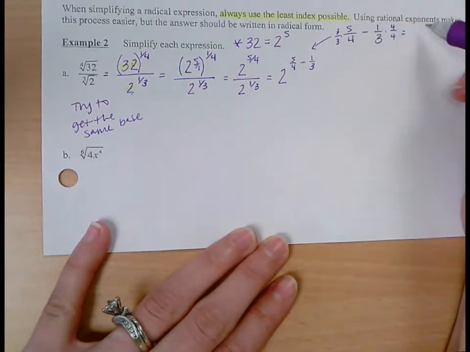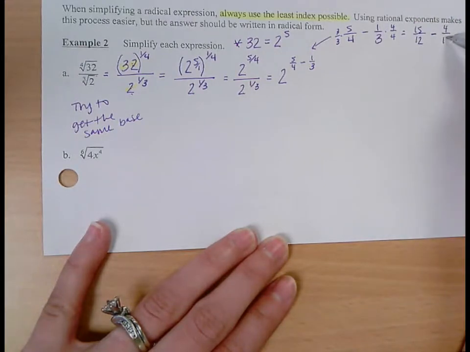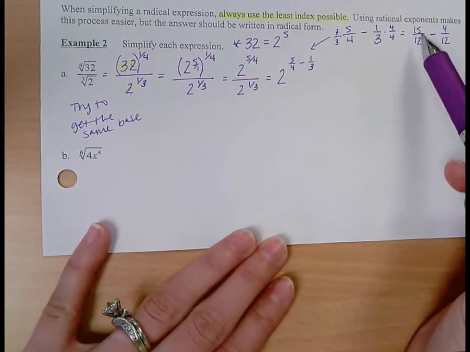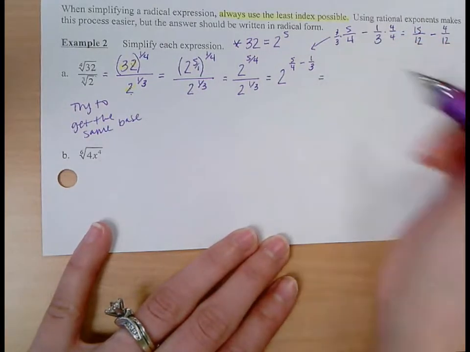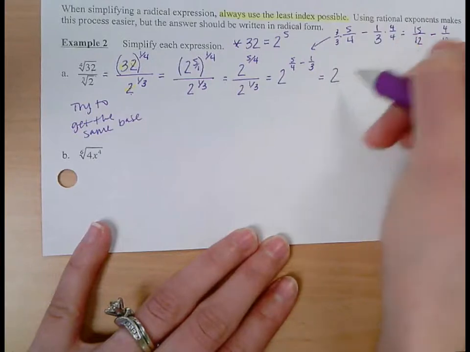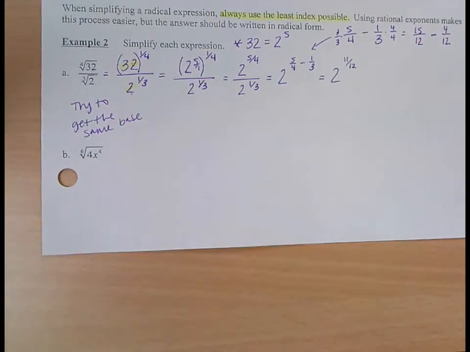So 5/4 would become 15/12, minus 1/3 is 4/12. And then I can subtract 15 minus 4, which is 11. So I get 2 to the 11/12 power.